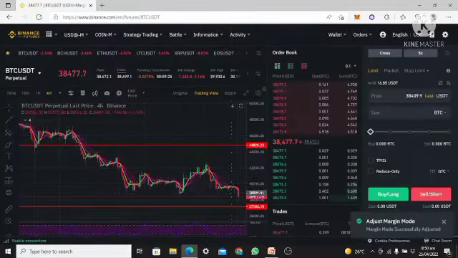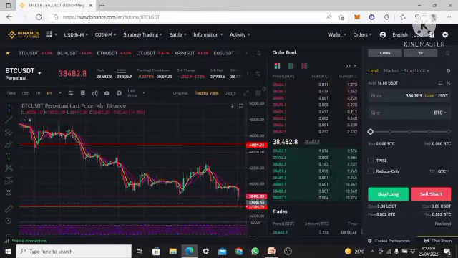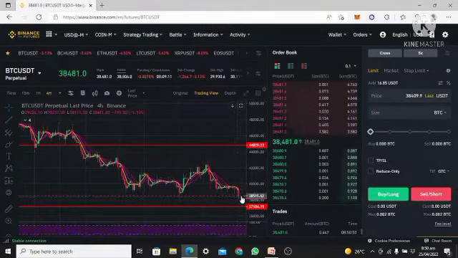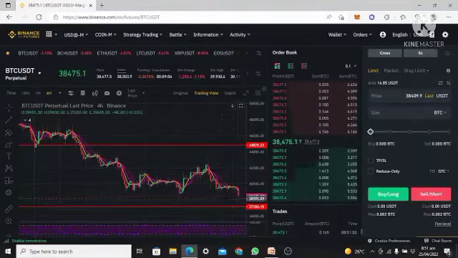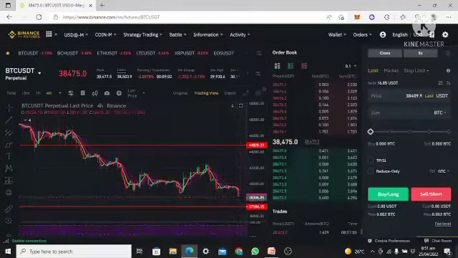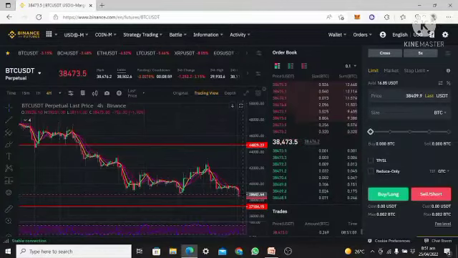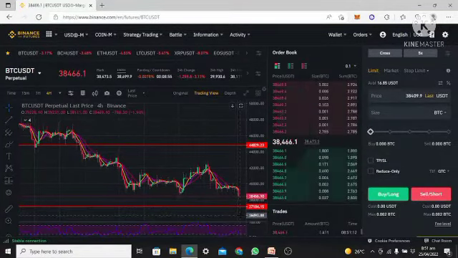Let me explain something. Now the price of BTC/USDT is sitting at $38,485. At this point, if you buy at this particular place, and in my account I have like $16 available, and you use $6 to take a position here, you are longing the market, and the market goes against you, the market goes down below where you entered, and you are in a big loss already, for example.